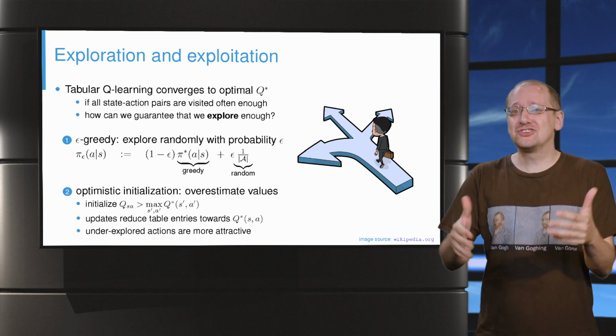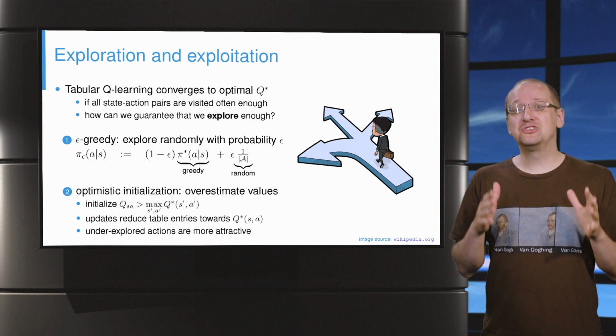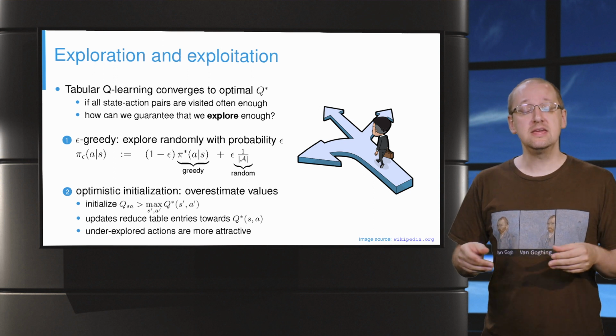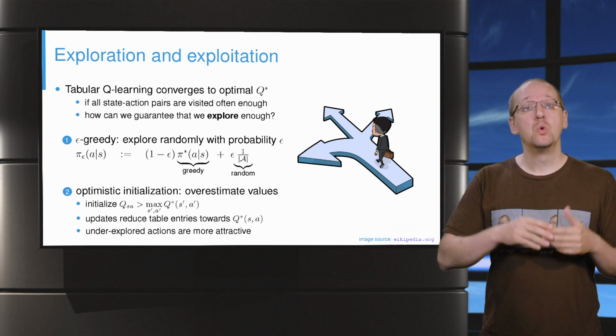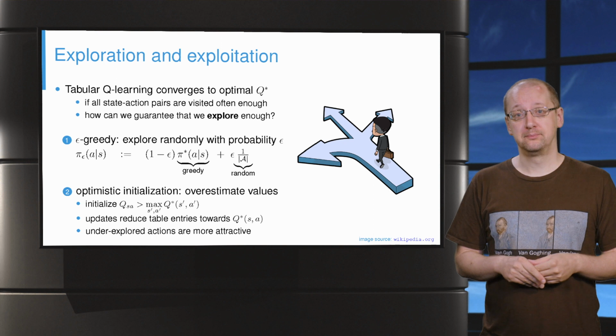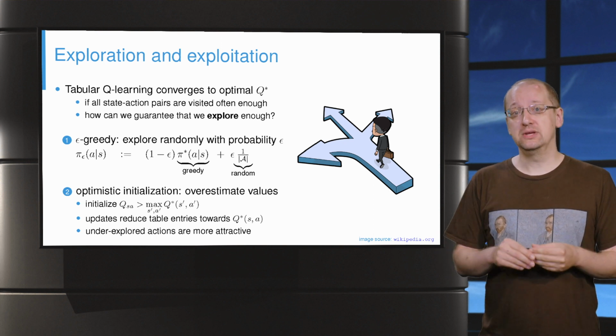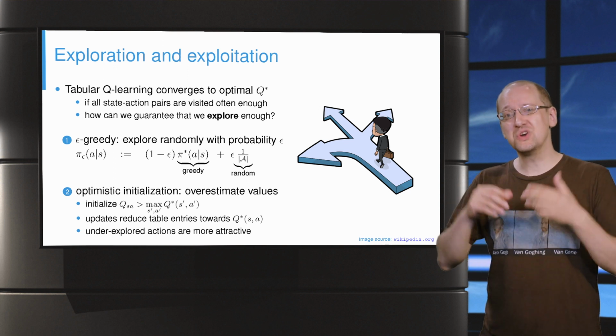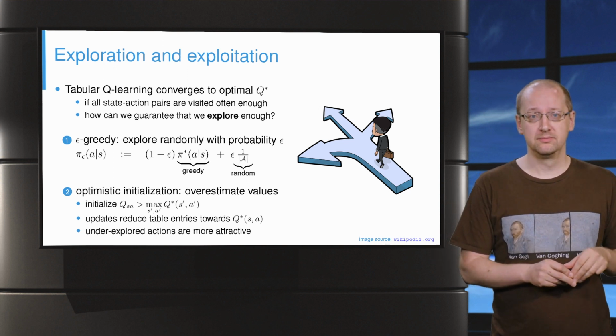However, if this takes too long for you, you can use a technique called optimistic initialization. Here, we initialize our table with an upper bound on the Q value. Because of this initialization, the TD error is always negative, and we will always overestimate the optimal value.